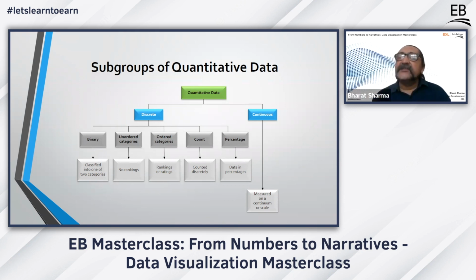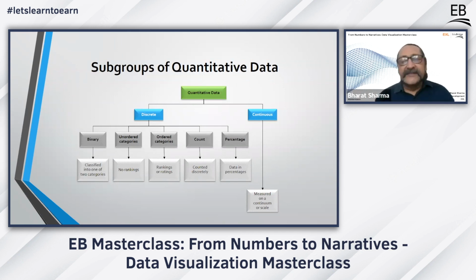Now, any data which is not coming out of an instrument goes to the other side, which is discrete. Discrete has many categories, and different data scientists or statisticians have categorized the data as per what suits their requirement. This is something that suits my requirement for doing statistical analysis and validations.